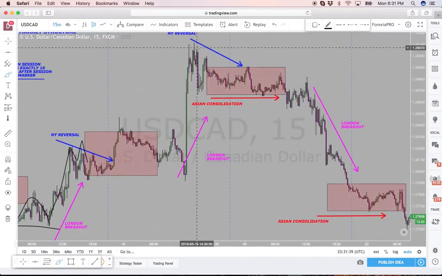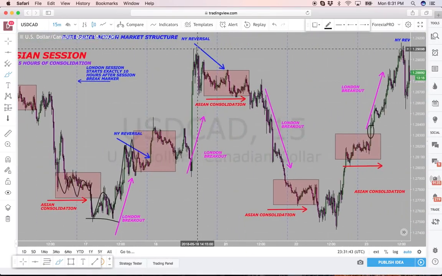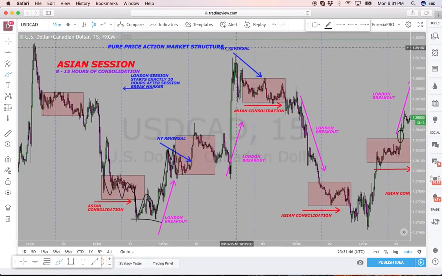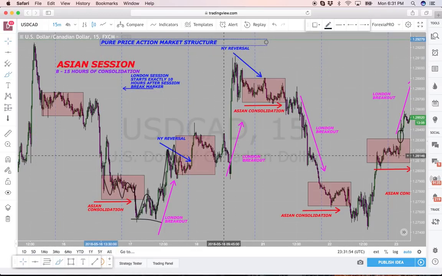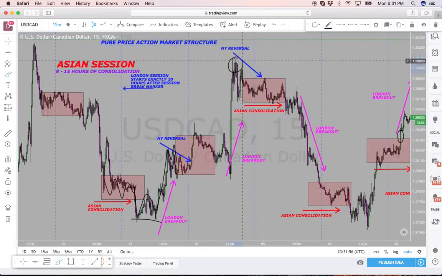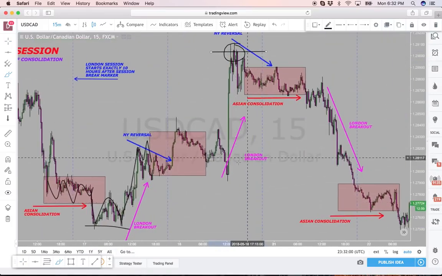I'm not sure what time that would be for anyone watching, but try to get the session timings down, try to understand it. New York session reversal off of the high, and then here we have London session, London breakout.